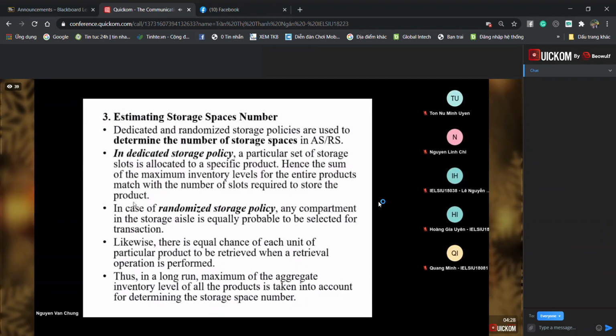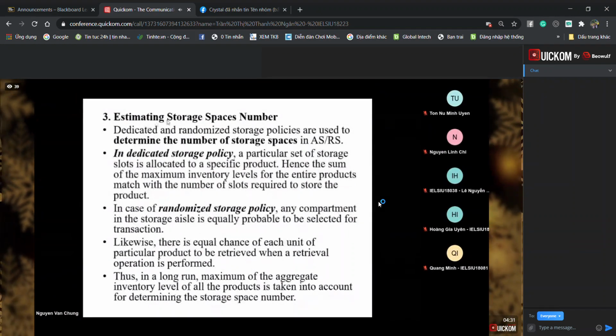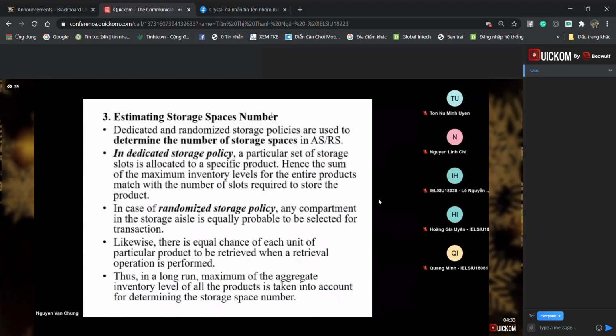Okay, now estimating the storage space number.